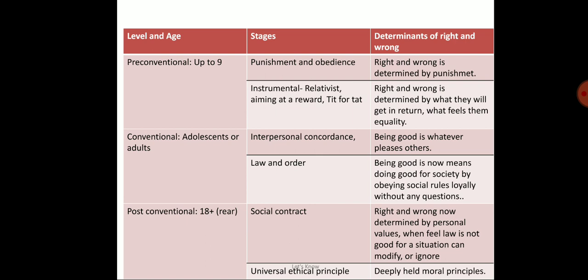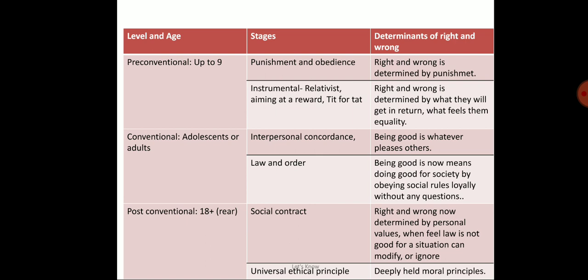Next one is instrumental relativist, aiming at a reward, tit for tat. This is particular. Suppose in an exam it may be given as a stage name. These are all similar things.